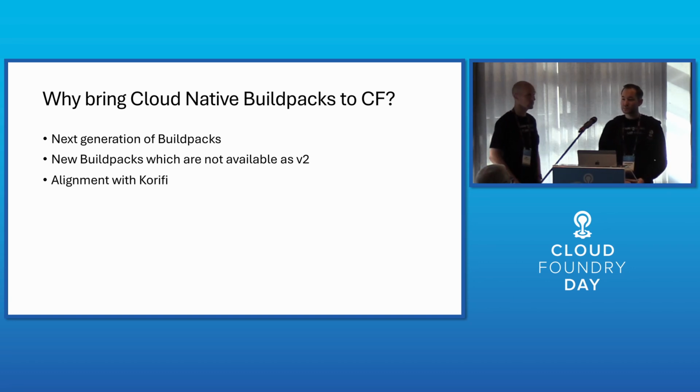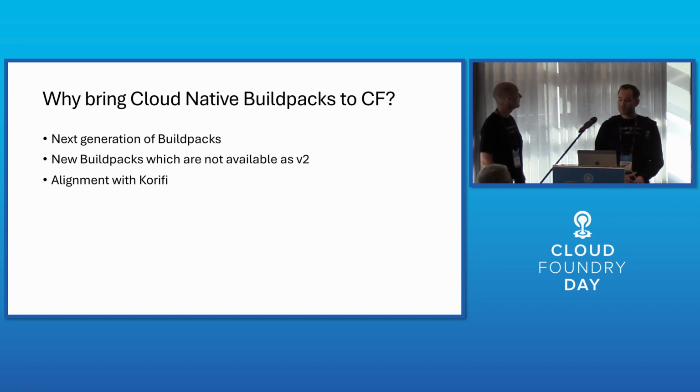There are also some buildpacks which are not available as V2 at the moment. One prominent example is the Java Native Buildpack, which uses GraalVM, for example, to build and run your Java workloads.